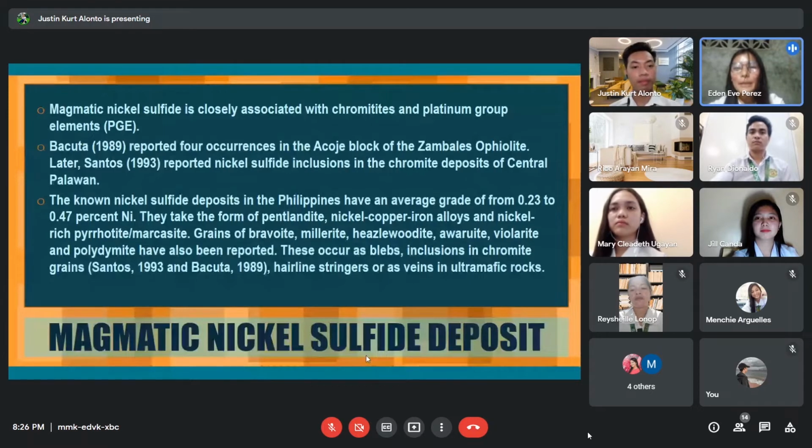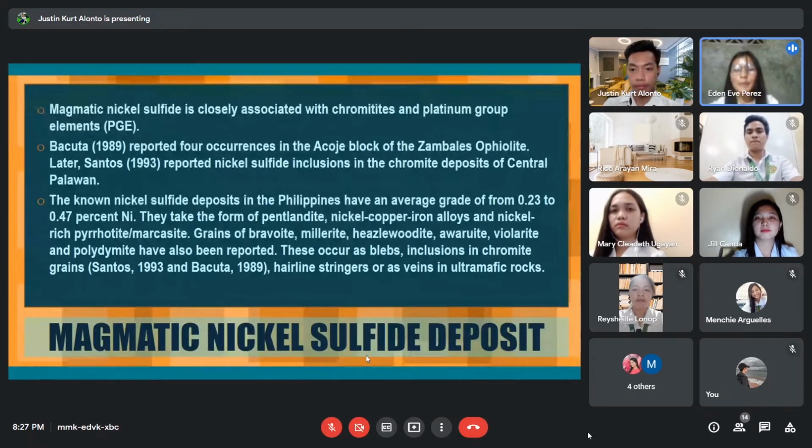So, magmatic nickel sulfide is closely associated with chromites and platinum group elements, or known as the PGE. The magmatic chromite deposits are the only source of chromium for industrial use, and in some cases, they may carry sub-economic to economic amounts of PGE.